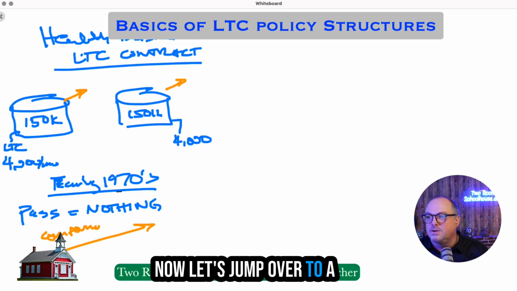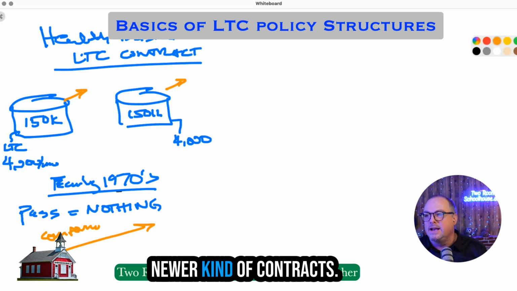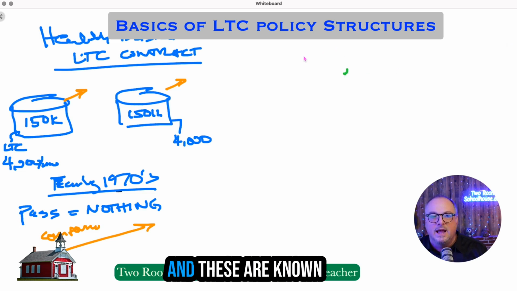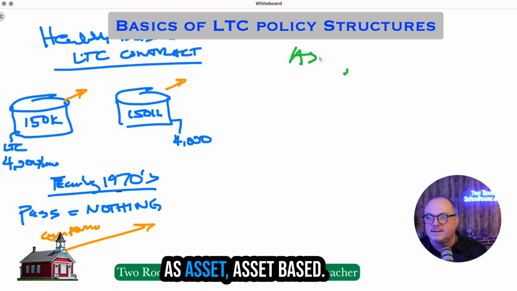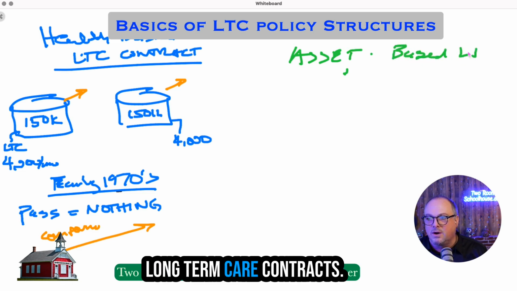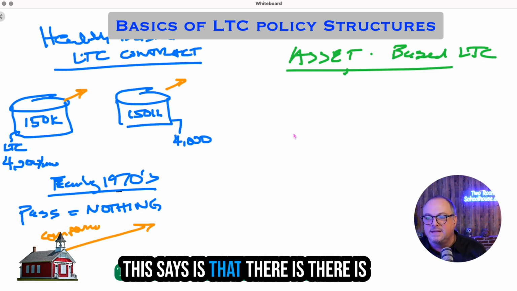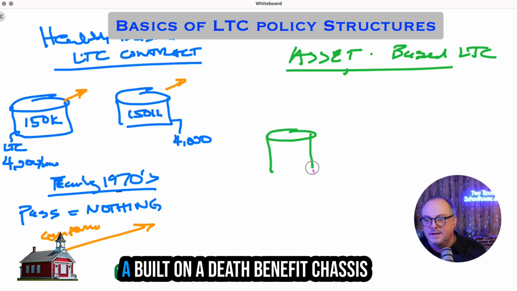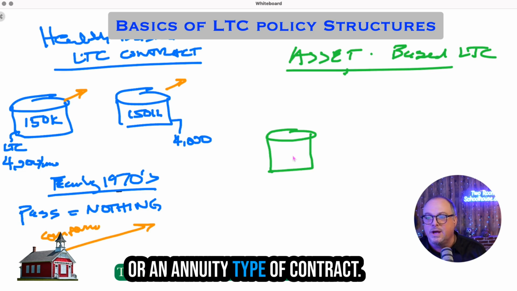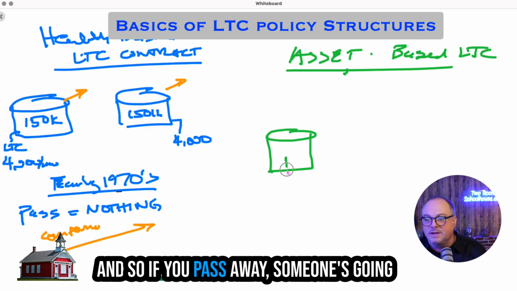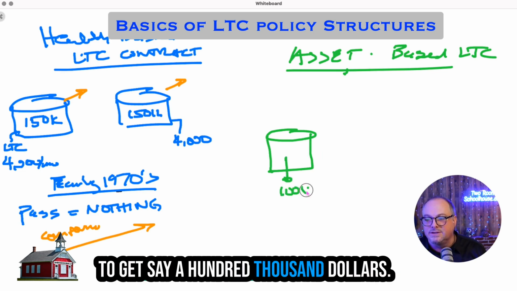Now let's jump over to a newer kind of contract, known as asset-based long-term care contracts. The principle behind this is that it is built on a death benefit chassis of a life insurance contract or an annuity type of contract. If you pass away, someone's going to get, say, $100,000.